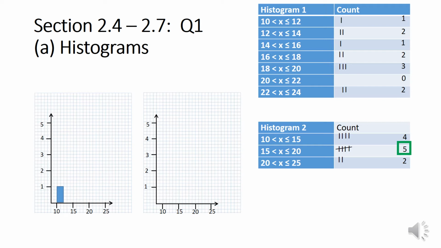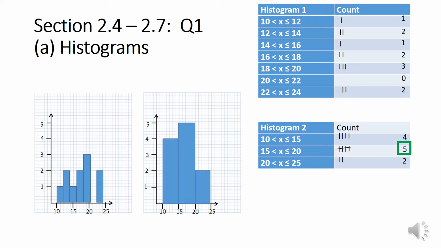Between 12 and 14, there were 2 values, 1 value between 14 and 16, 2 between 16 and 18, 3 values between 18 and 20, no values between 20 and 22, so we leave that, we've got a 0 bar there. And the last category, there were 2 different values there. For the second graph, obviously we've just got 3 bins of 4, 5, and 2. So that's what it looks like there.